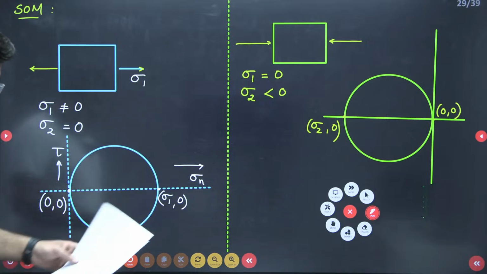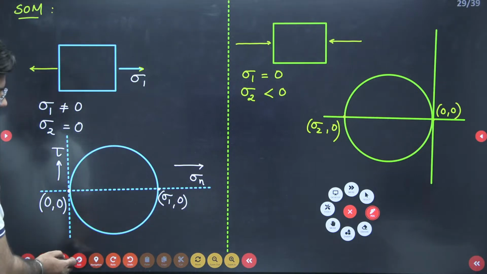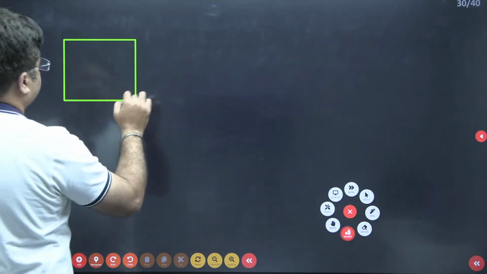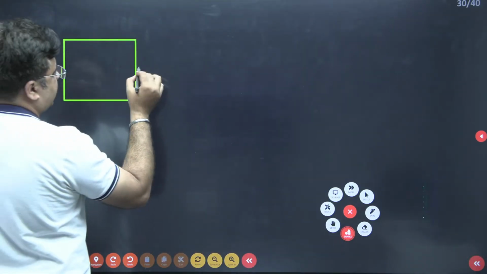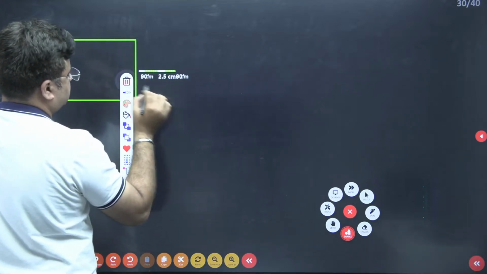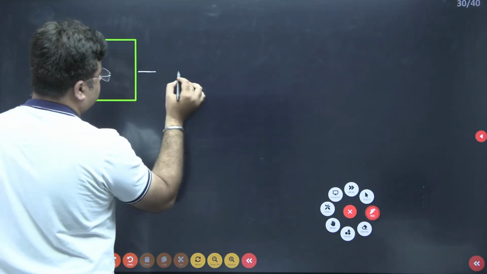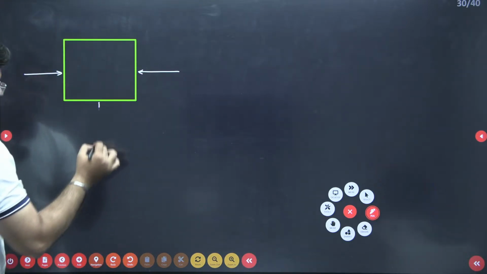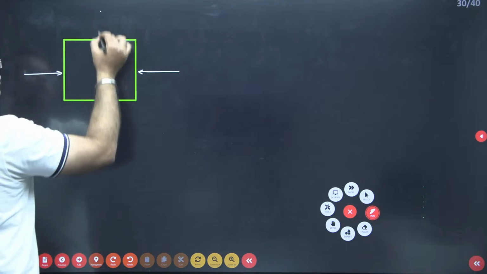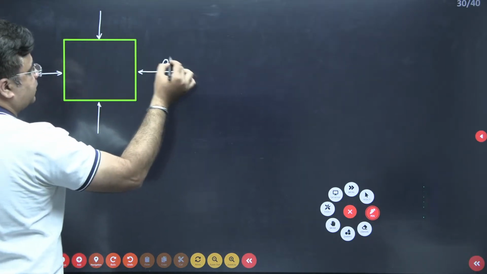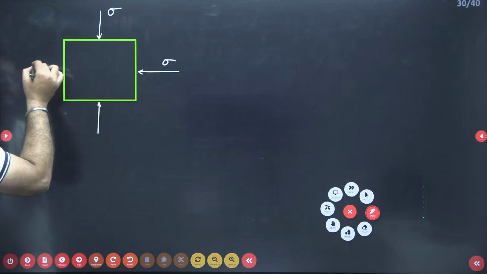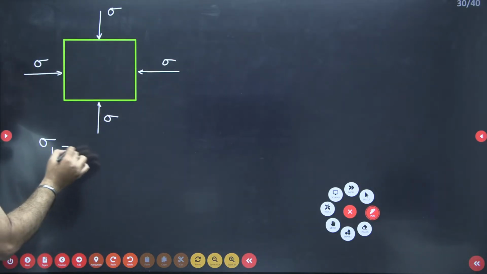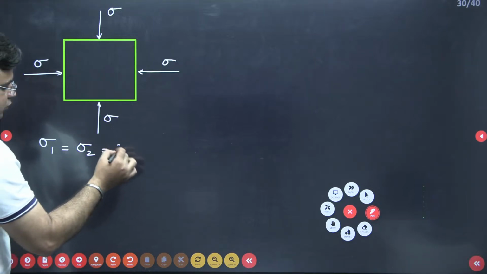Now the next state of stress is simple. It is a hydrostatic loading. Equal stresses are acting in all the directions. So stress acting is sigma here, sigma here, sigma here. So you can see here, in this state of stress, sigma 1 is equal to sigma 2 is equal to sigma.